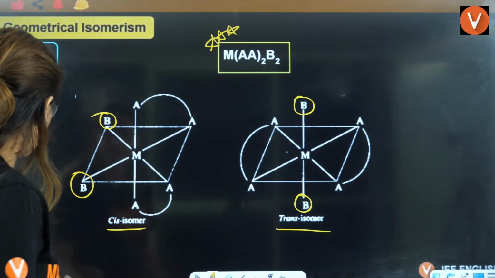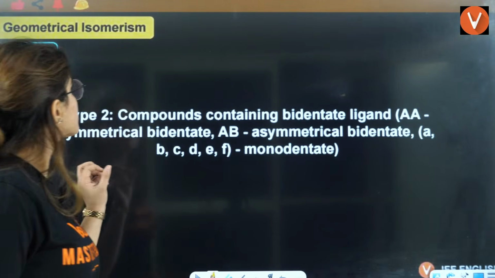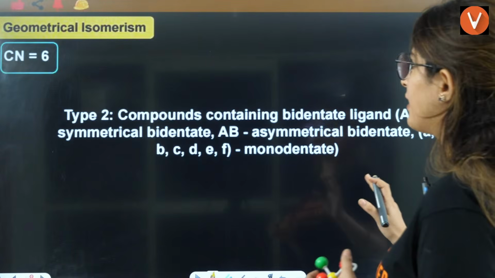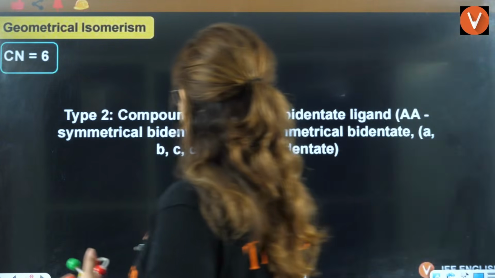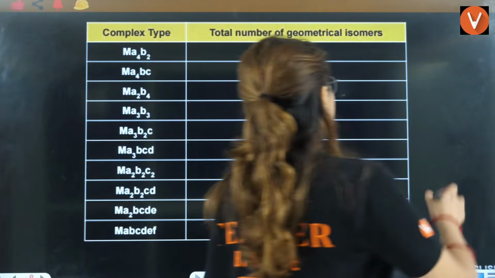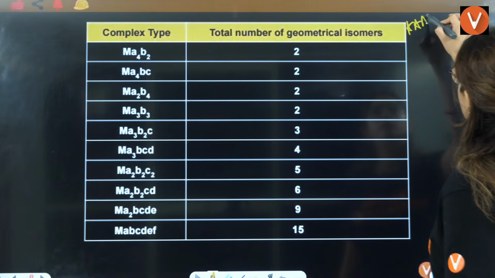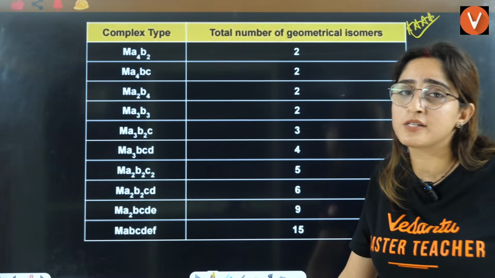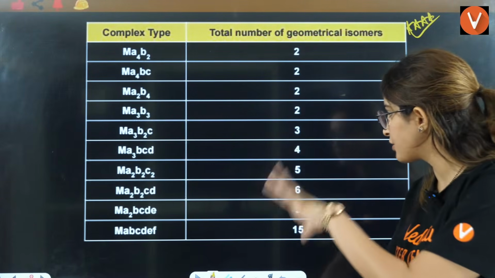Now let's talk about, so this we have done, compounds containing bidentate ligands. This also I think we have done. So guys, this is the chart. Remember this chart. Take a screenshot of this chart. If you're not going to revisit the notes or the video, take a screenshot here.